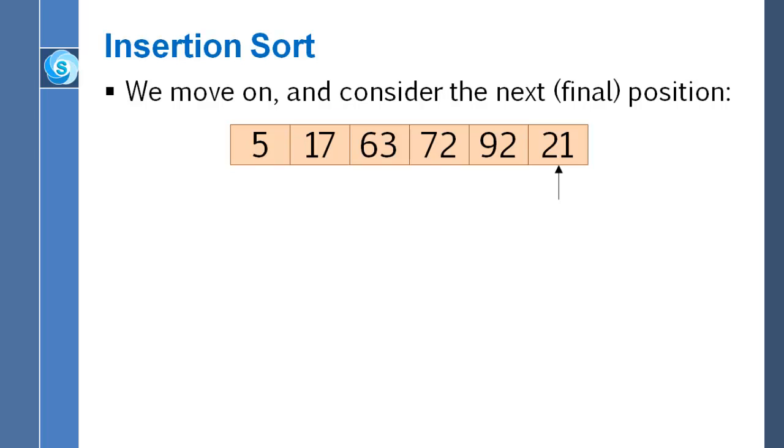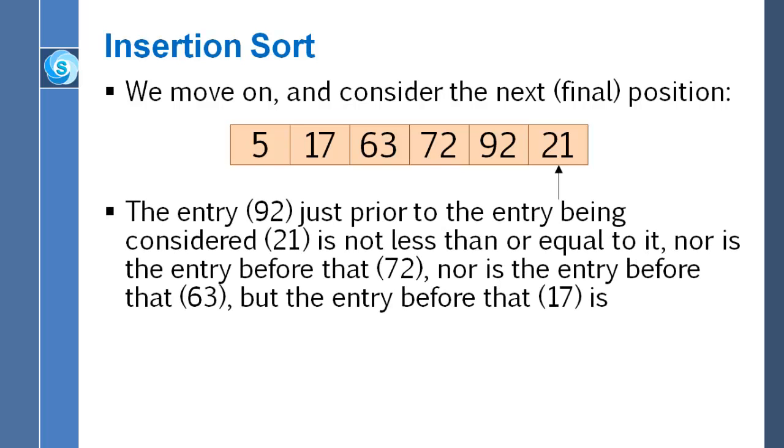We look at the entry before that, which is 63. That too is bigger than 21. Look at the entry before that, we get 17. So we deduce that the 21 belongs after the 17. Just as it says here.